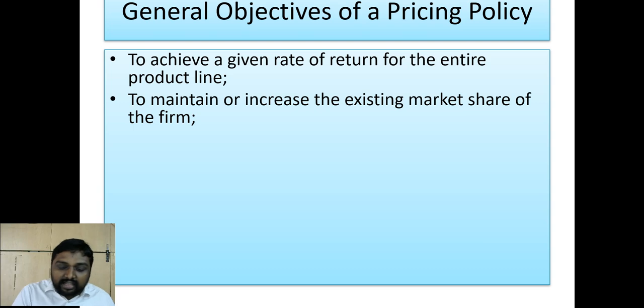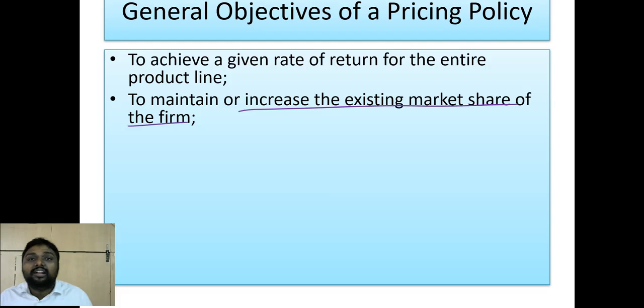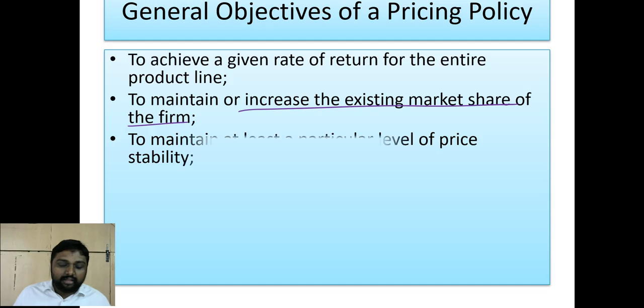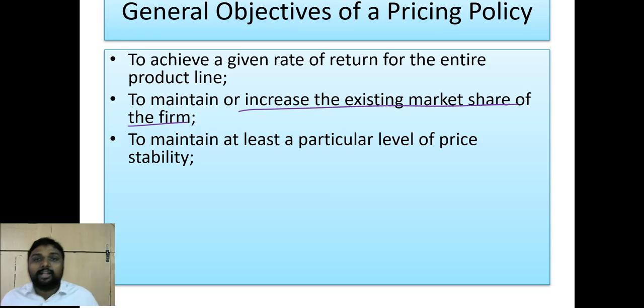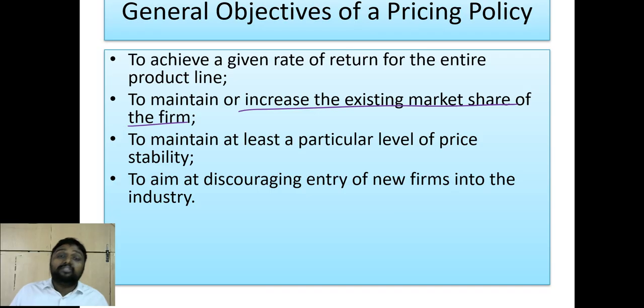This is the reason why companies give a lot of offers or schemes, because they want to increase the market share, and to maintain at least a particular level of price stability. This is what some of the firms are doing.